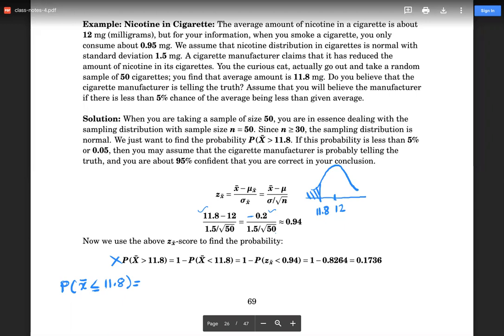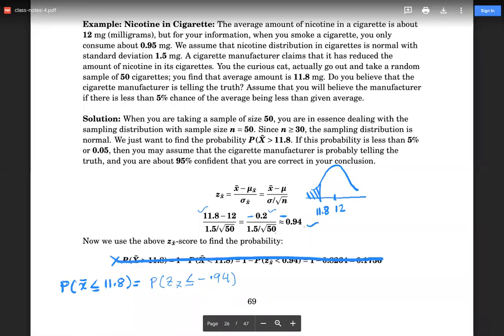Okay, perfect. It comes out to be the probability of Z sub X bar being less than or equal to negative 0.94. This is positive, but it should be negative. Other than that, this calculation is right. But this one, just ignore it completely.